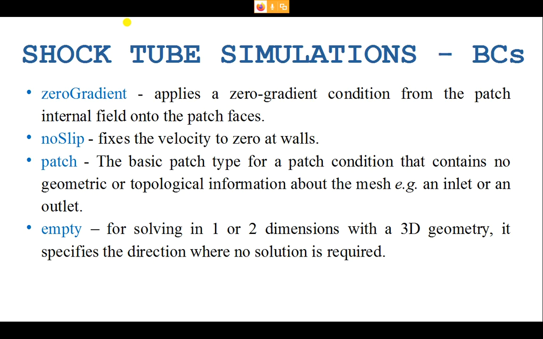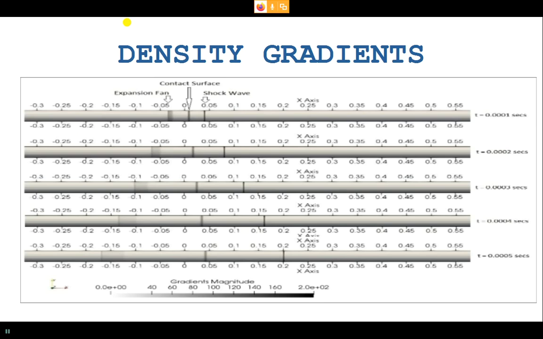This can be simulated using various solvers. There are multiple solvers available in OpenFOAM. Basically, if you want density based solutions, you have to stick to the solver which gives you density as a result. This typical picture is a completely post processed picture. On the right side you find timestamps from 0.0005 seconds to 0.001 seconds.